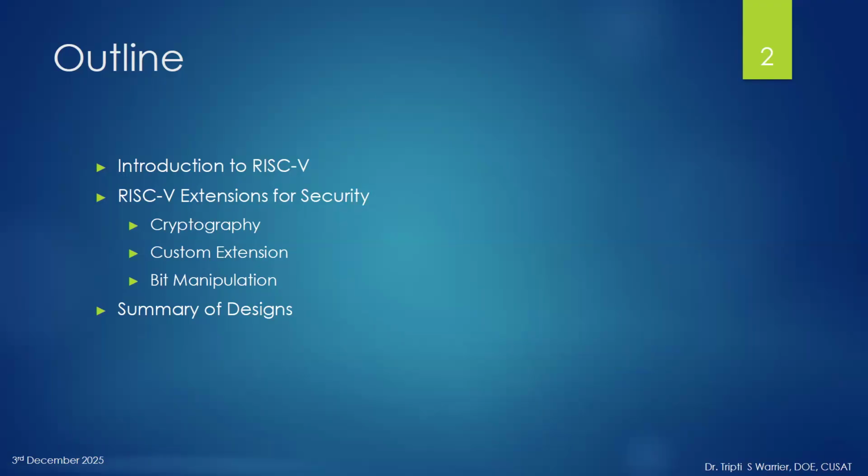So how we can include features that will improve the performance of a RISC-V system for cryptographic applications. The discussion will be based on cryptographic extensions, then custom extensions and bit manipulation, and my take on how you can design and what kind of extension to use when designing systems.